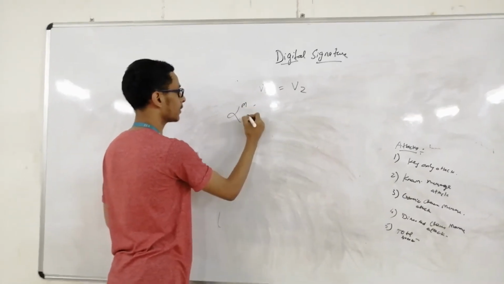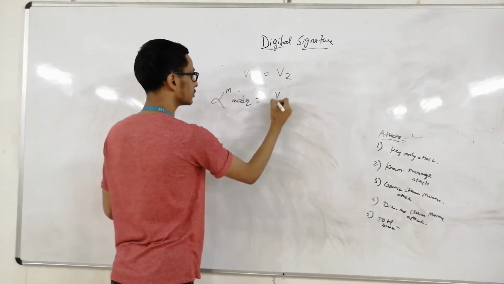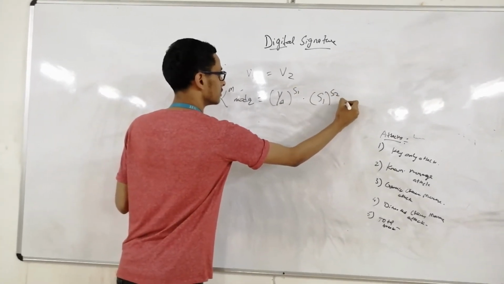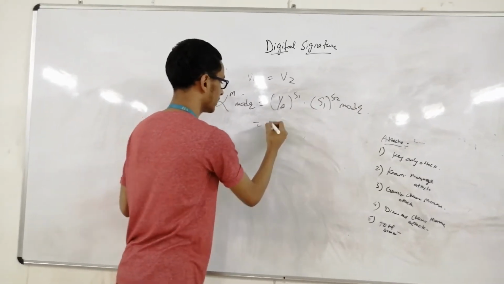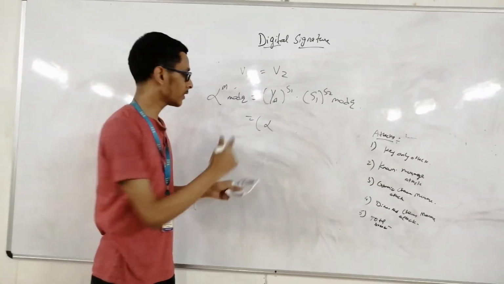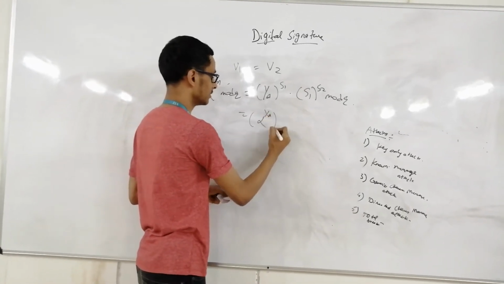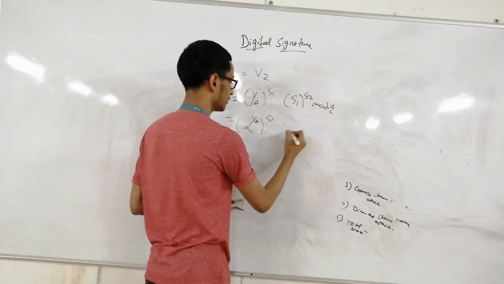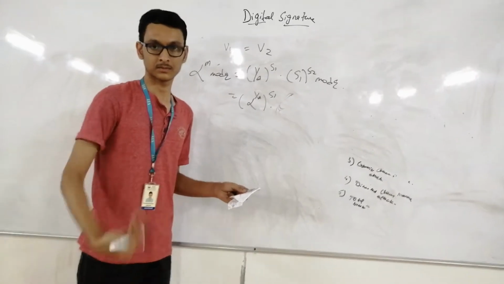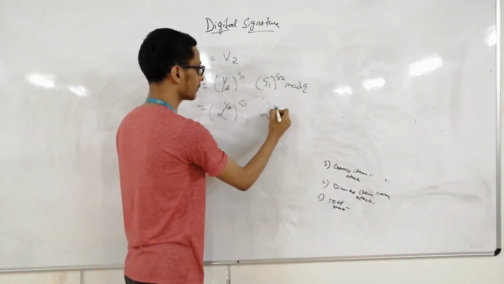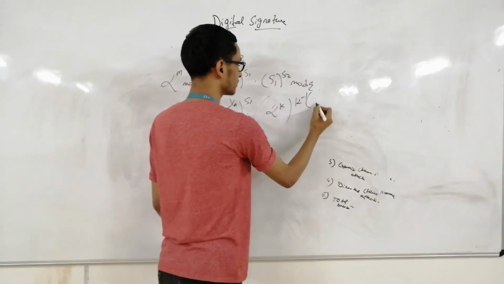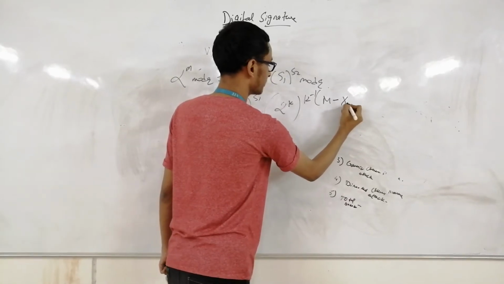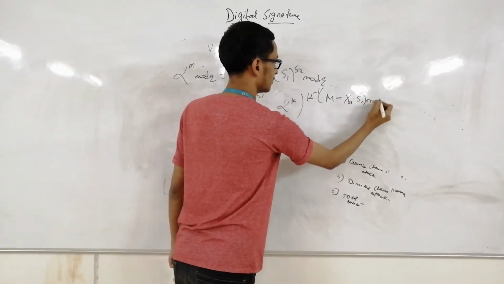V1 is equal to alpha power m mod q, and V2 is equal to ya whole power S1 into S1 whole power S2 mod q, and ya is equal to alpha power xa, the private key, whole power S1 into S1 is alpha power k, S2 is k inverse into (m minus xa into S1) mod q.